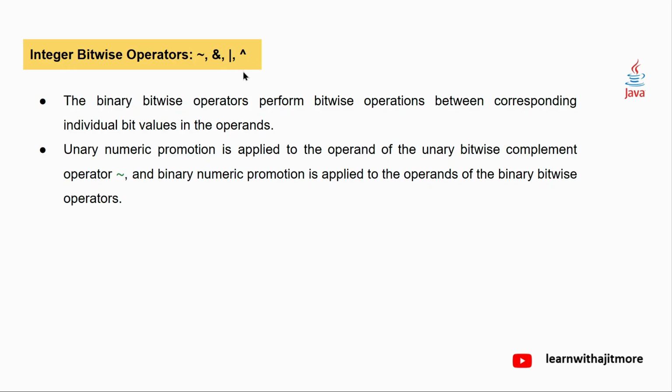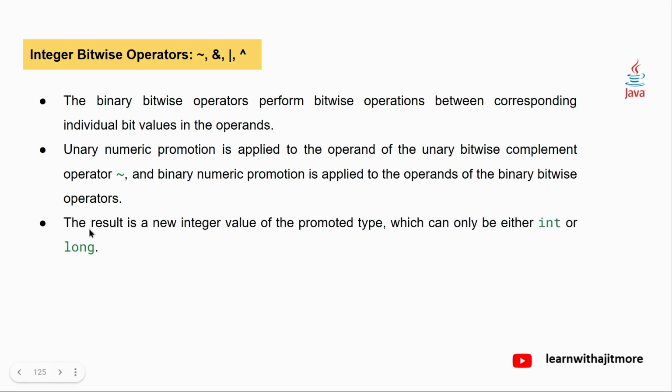And you know, when you're operating on integers, the minimum answer is int, then long, then float, and then double. So for float and double, the question doesn't arise. So the result will be either int or long. Okay. So unary promotion is applied to a unary operator and binary promotion is applied to a binary operator.